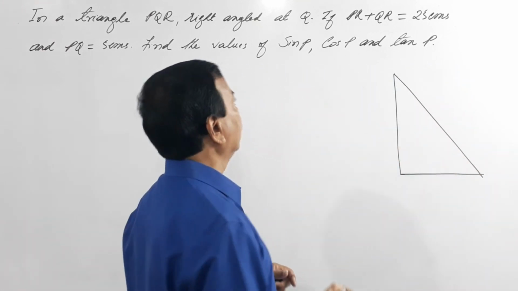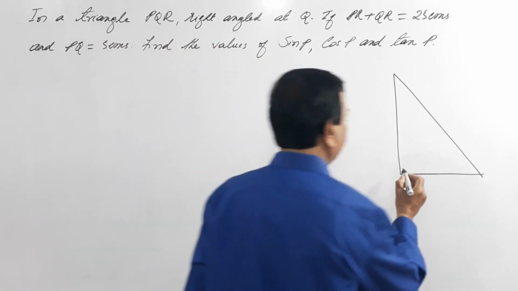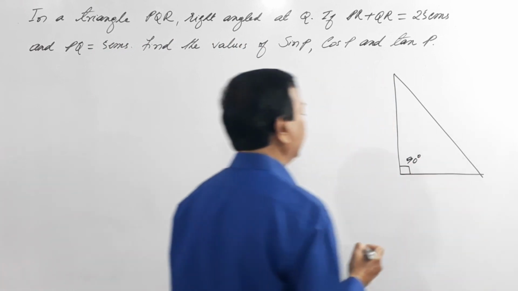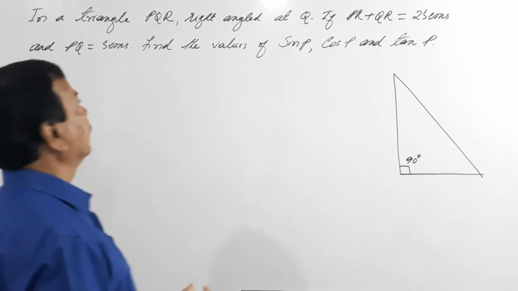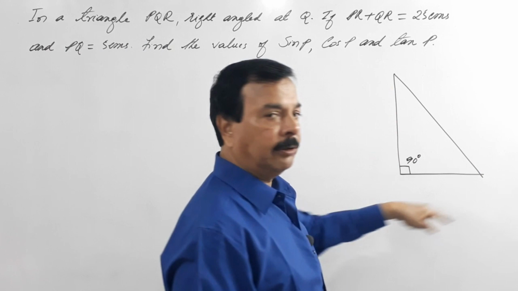We'll draw a triangle. So what they said? PQR. So right angle at Q. So it means to say this is our 90 degrees. Okay. So you can choose any of these as P or Q or R, but we'll continue in a chain.